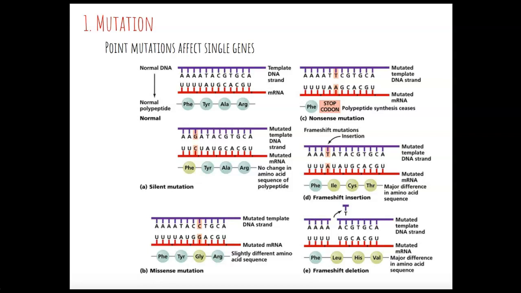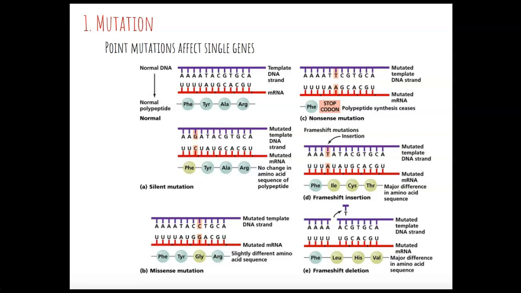But that particular mutation is not going to cause any difference between the amino acids that are coded for. In the normal DNA, it was coding for phenylalanine, and in the mutated DNA, it is still coding for phenylalanine because that particular sequence of DNA still codes for the same amino acid. So that one is called a silent mutation because although there's a change in the DNA, it's not affecting the amino acids.